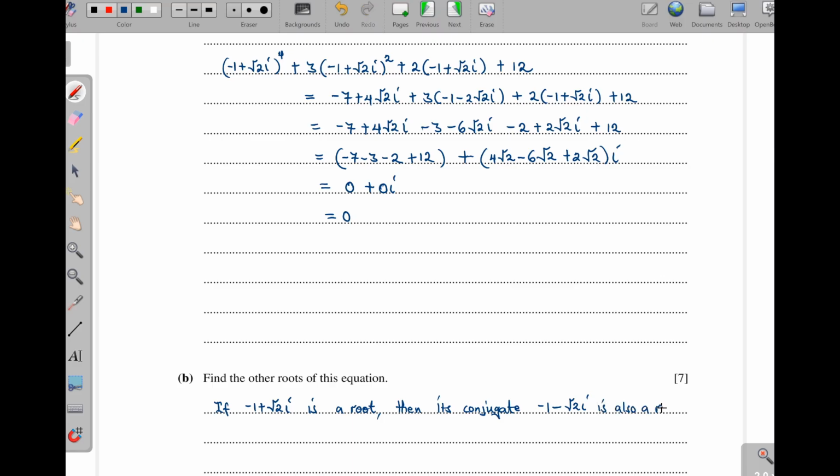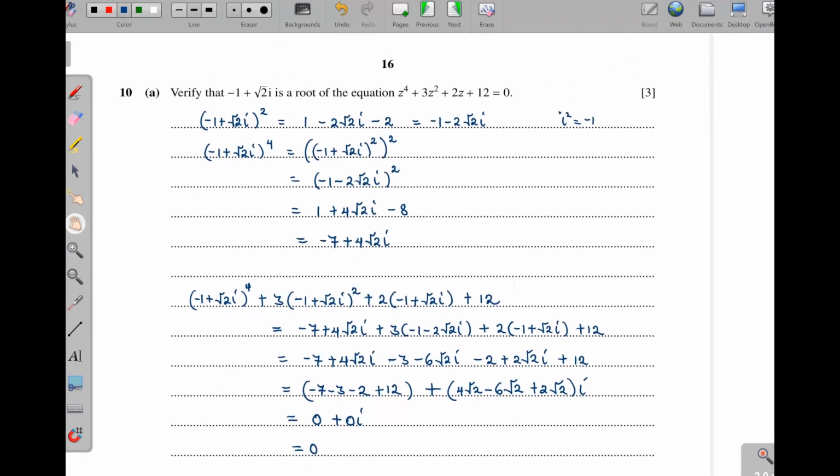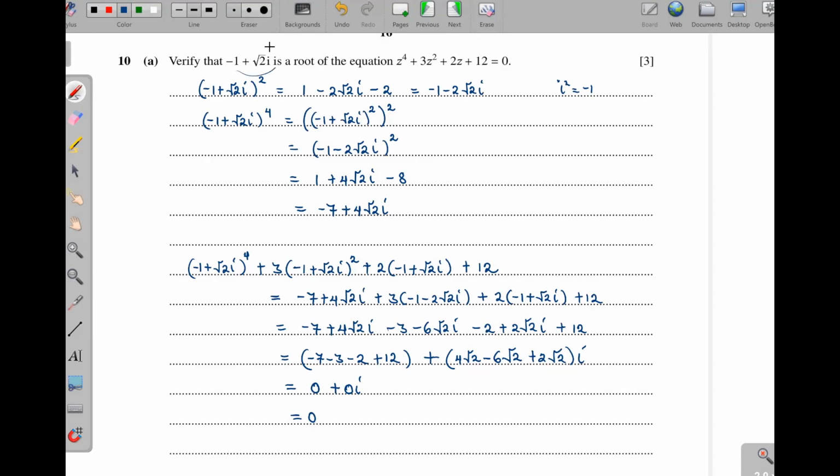Okay, now another thing you also need to know is that the 2 roots are going to give you a quadratic factor. Okay, that means this one here is z power 4. So we are having 2 quadratic expressions, z squared, there is z squared here.